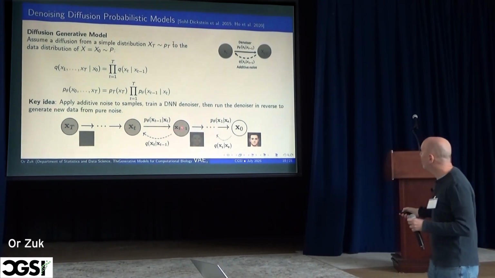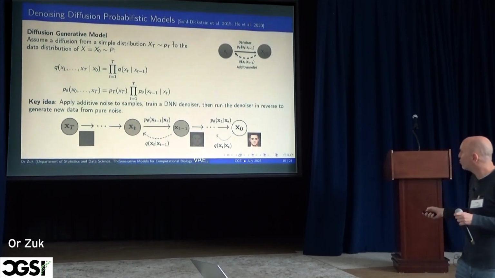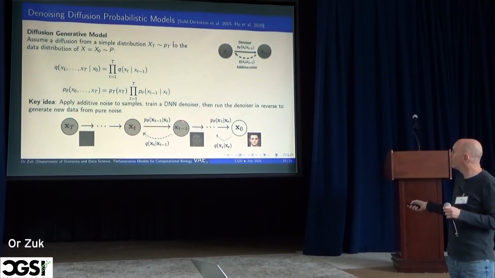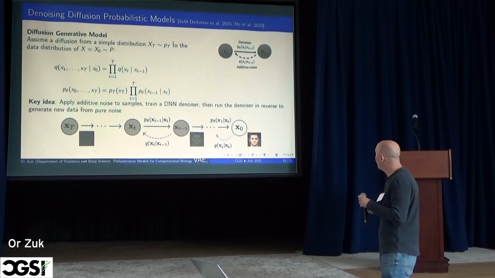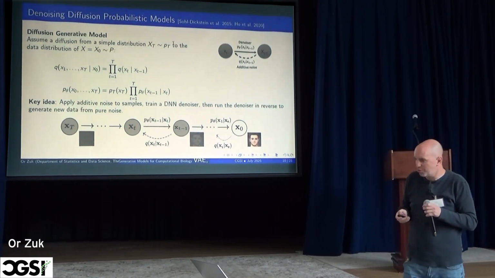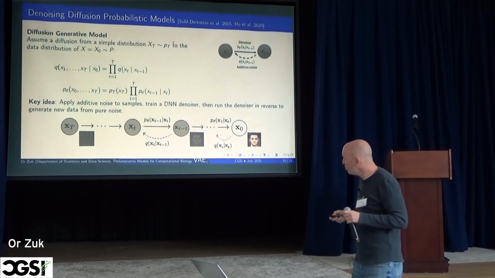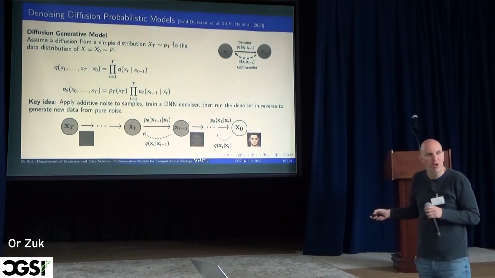In the training set, it gets pairs of a noisier version of the image or the sample and a less noisy, cleaner version, and it tries to learn the denoising part. Right? So that's the idea behind diffusion models. And in contrast to the variational autoencoder, you see that we have a large number of very, very small steps.